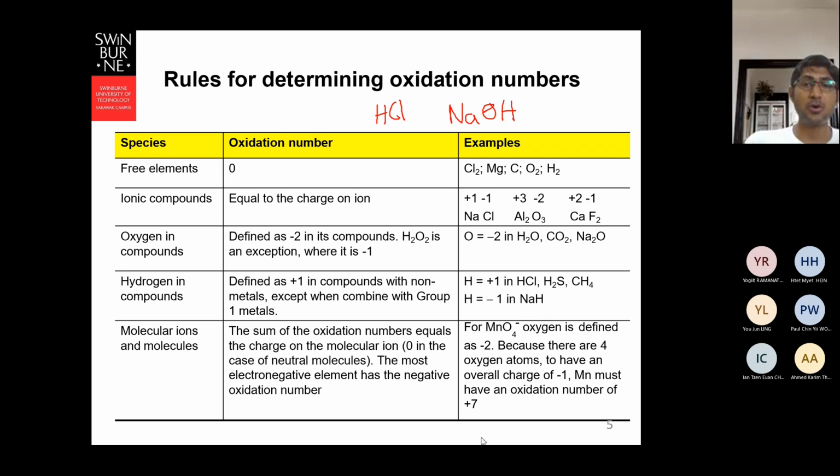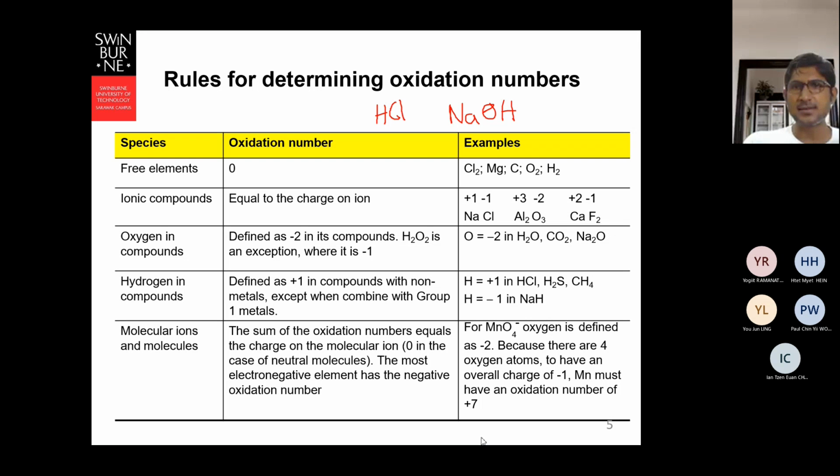Oxygen is more electronegative, so it will be negative. And we know that oxygen is -2. It is not hydrogen peroxide, so there is no exception. There are 4 atoms of oxygen here, so -2 times 4 is -8.